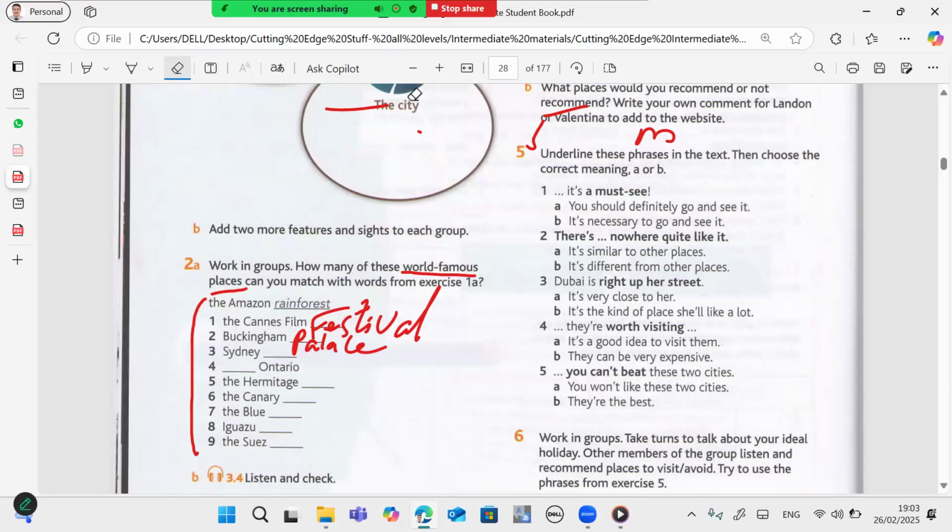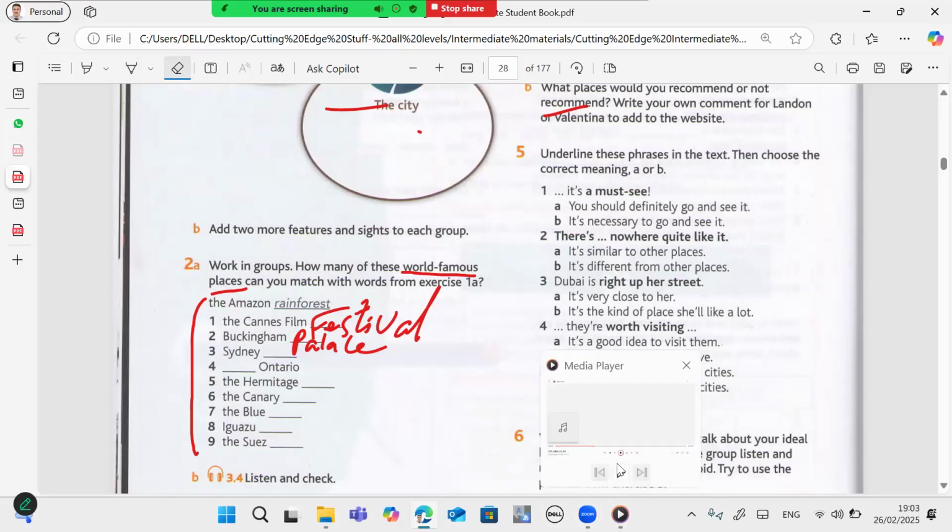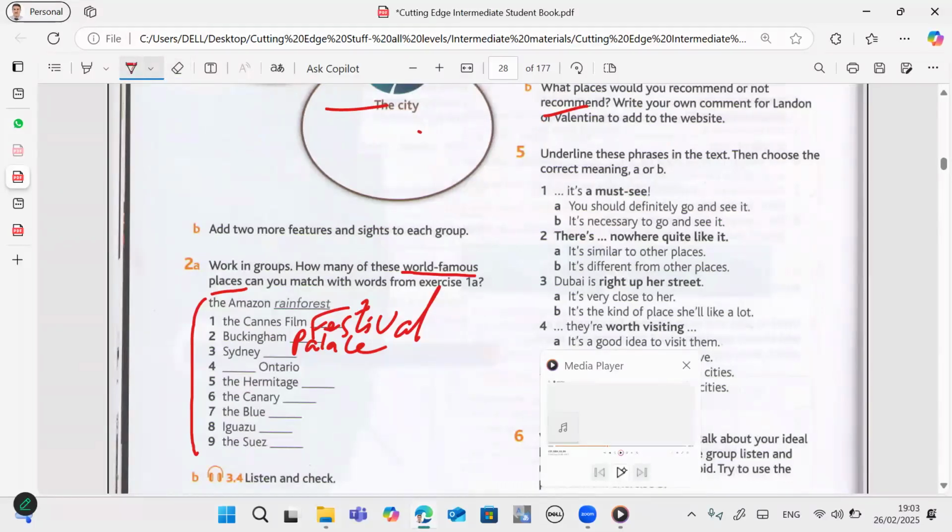Okay, Sydney, listen. 3. Sydney Harbour is the home to some of the most famous sites in Australia, including Sydney Opera House and Sydney Harbour Bridge. Yes, Sydney Harbour. What do you know about Sydney Harbour? The most famous sites. Yes, it's where you can find the most famous sites in Sydney.